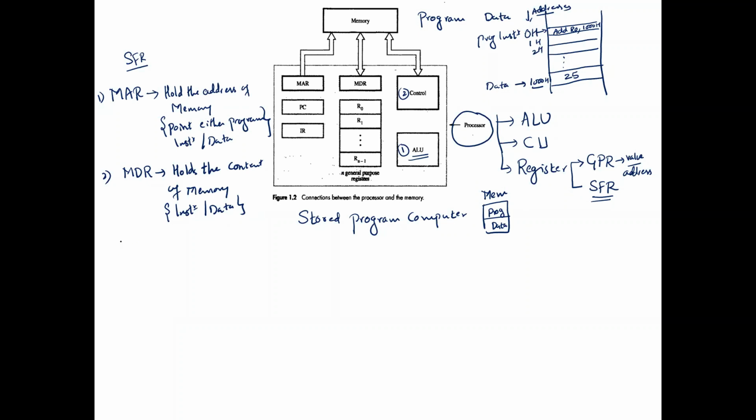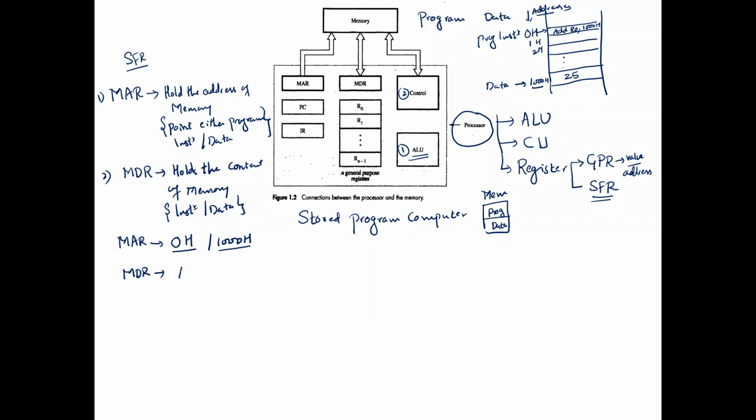From our example, the value of MAR, if it is pointing to the instruction, the address could be 0H. And if MAR is pointing to the value, its address could be 1000H, right? So these are the addresses. Now MDR: if it is pointing to a program instruction, what will be the content of MDR?